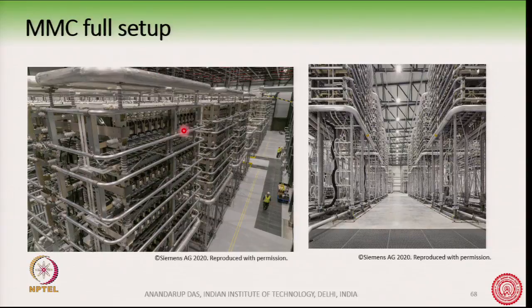So, this may be one arm or part of an arm of the converter. Here, if you look closely into this picture, you can see these cells, the cells we had shown you earlier. This is the back side and this is the front side of that cell, and you can see how they are stacked one over another or side by side.